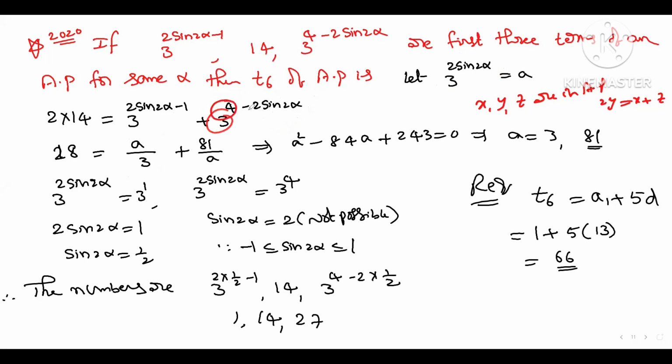So 3 to the power 4 by 3 to the power 2 sine 2 alpha. 3 to the power 4 is 81, and 3 to the power 2 sine 2 alpha we have already assumed as A. So after taking the LCM and simplification, we get this equation: A square minus 84A plus 243 is equal to 0. Here the roots are 81 and 3.